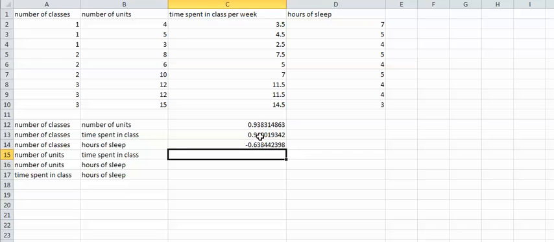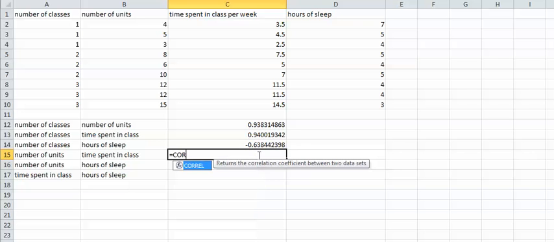It's closer to 0, which means it's actually a weaker correlation than these two are. The strength of the correlation has to do with how far the value comes out from 0. So if it had come out to negative 0.94, it would have been the same strength as this one. It just would have been a negative correlation.